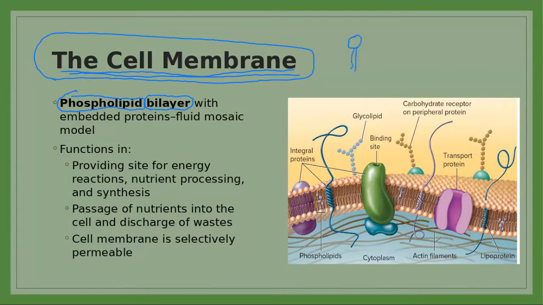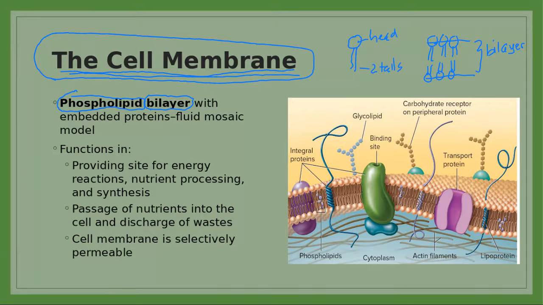It has a head and then two tails. They make a layer, so one layer on the top like this, and there is another layer at the bottom. So it has two layers. This is what we call the bilayer.